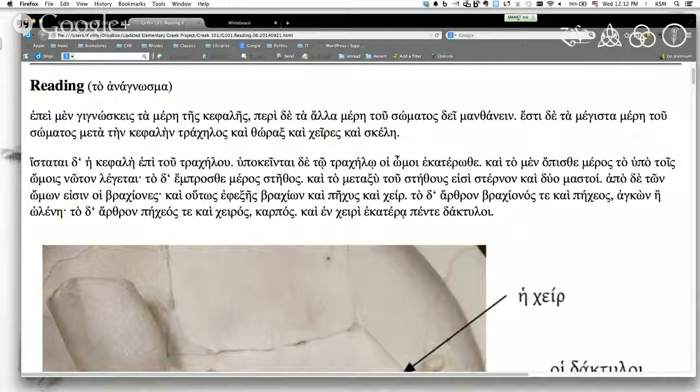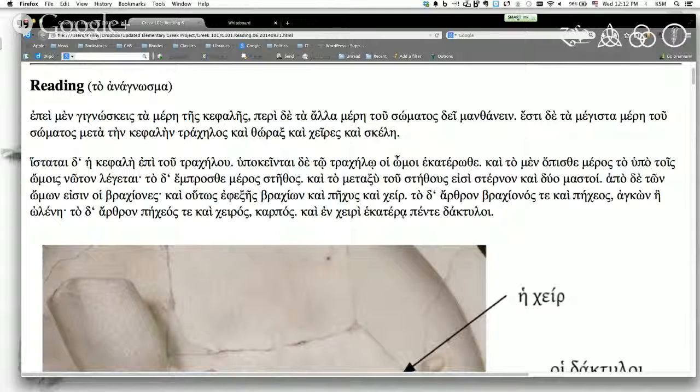It sits, the head sits on the neck. The shoulders lie under the head on each side. Under the neck, the head.